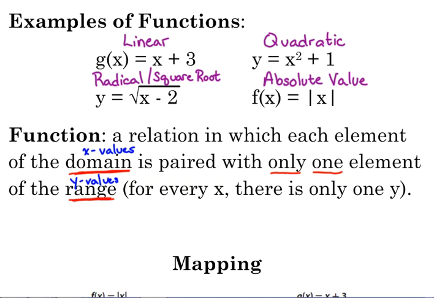So nothing really truly new, I don't think, up to this point. Just a little bit of review, recap. So every element of the domain, aka your x values, is paired with only one element of the range. Every x has only one y.